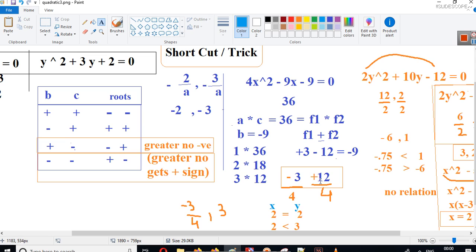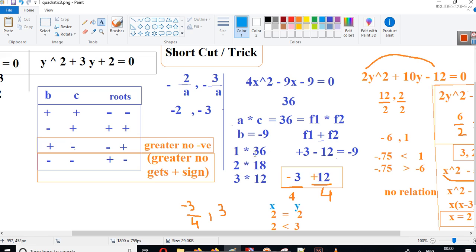So you just have to get the factors, right? 36 is your a into c, and now you have to get numbers which by adding or subtracting give 9, and by multiplication give 36. So we got 12 and 3 here.